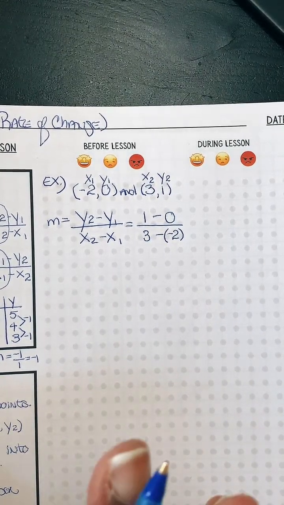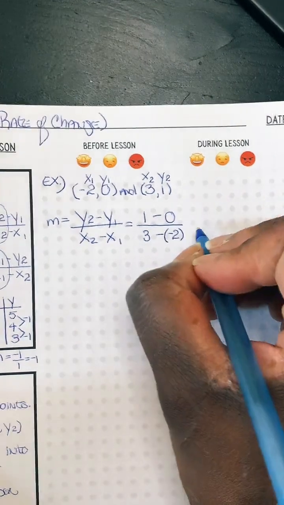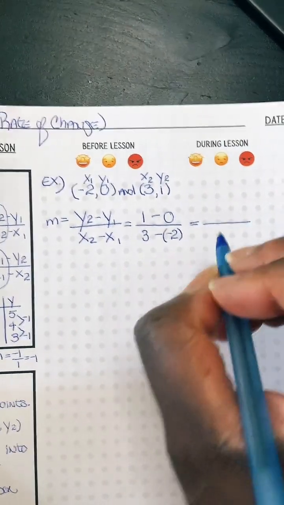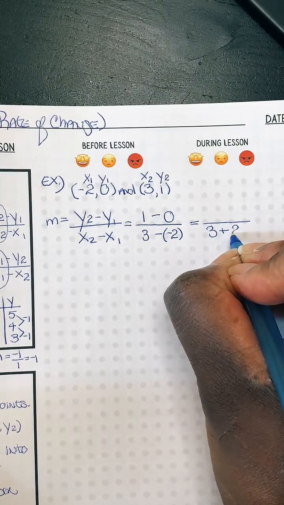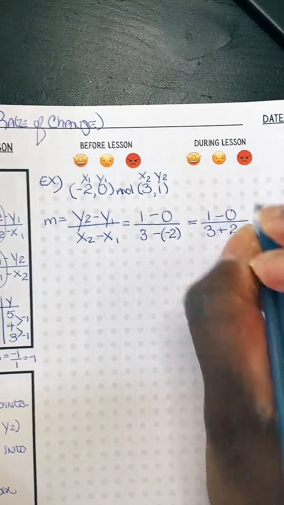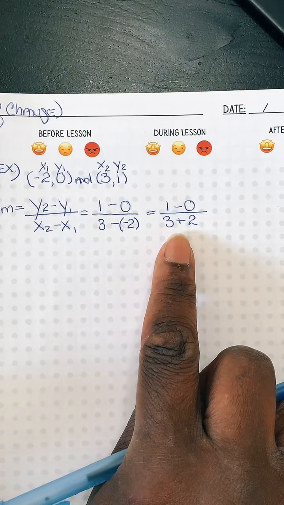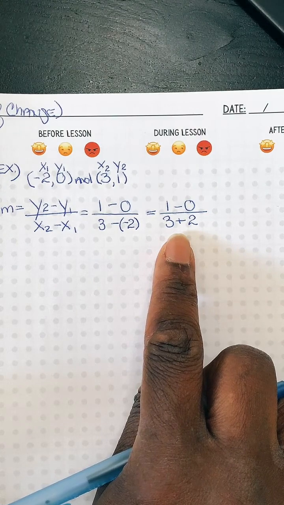So it happens, okay? When you minus a negative, I'm just going to write it all out this time, that means it turns to a positive. Everything in this numerator stays exactly the same. So I just want you to see the transition from here to here. Okay. That's where I went.